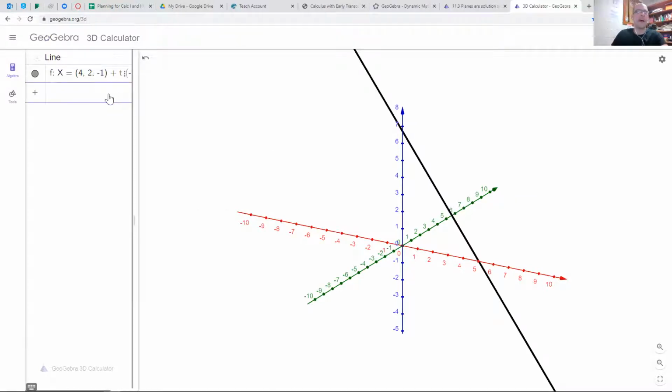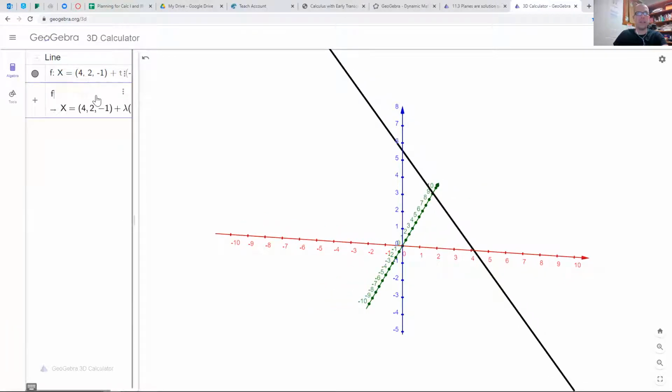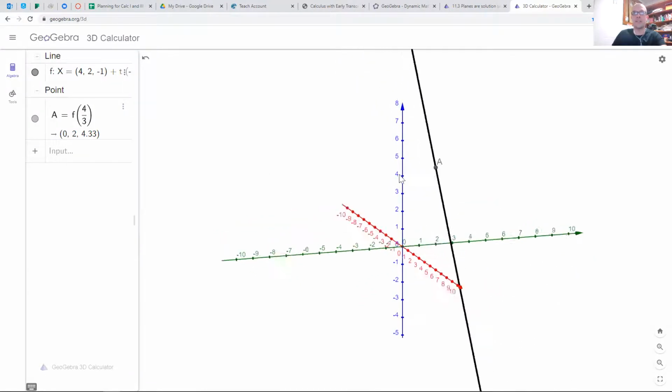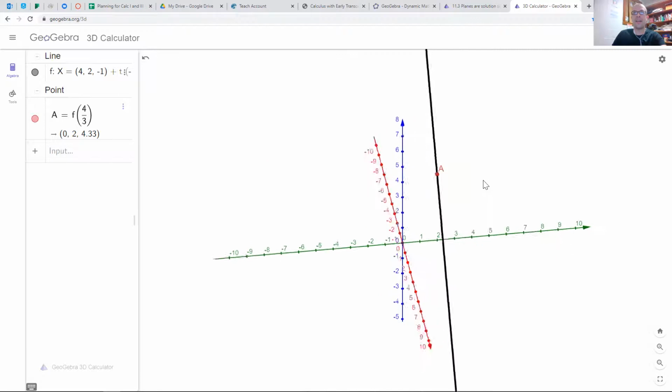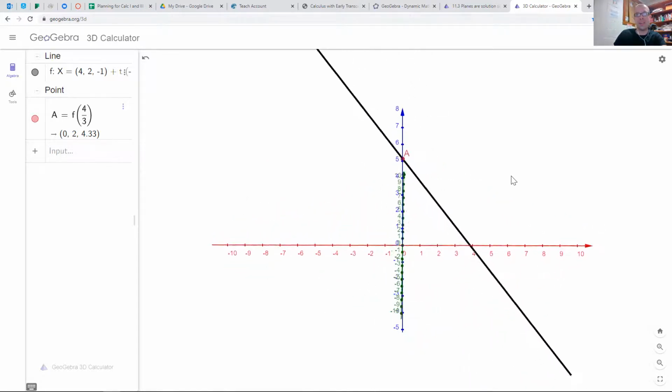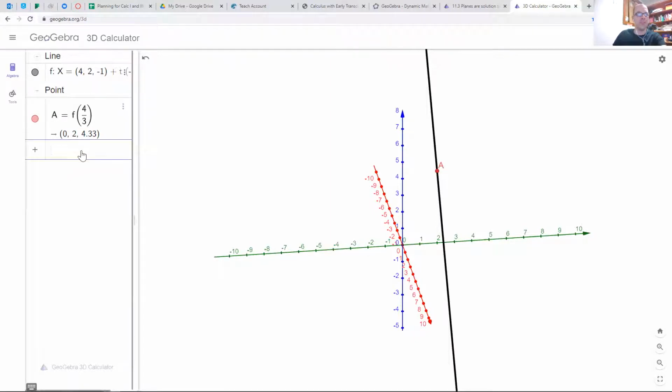Okay. Can I do f of 4/3? Yes, dude. Nice. I can't change the size of it. Anyways, that is where we intersect the YZ plane, just like we said.